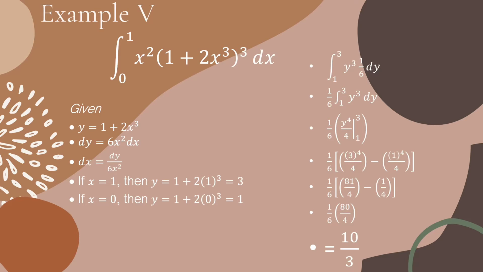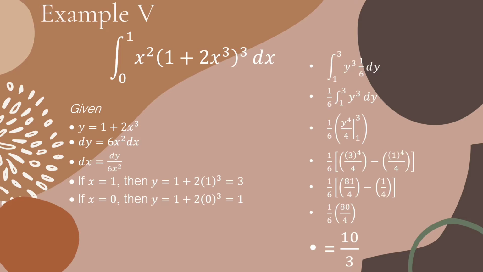So now let's get the antiderivative of y cubed, then we'll have 1 over 6 times the quantity of y to the 4th power over 4 from 1 to 3. Then we will use FTOC to solve the problem. Then we have 1 over 6 times the quantity of 3, which is the value of our y, raised to 4 over 4 minus 1, which is also the value of our boundary y, 1 raised to 4 over 4.